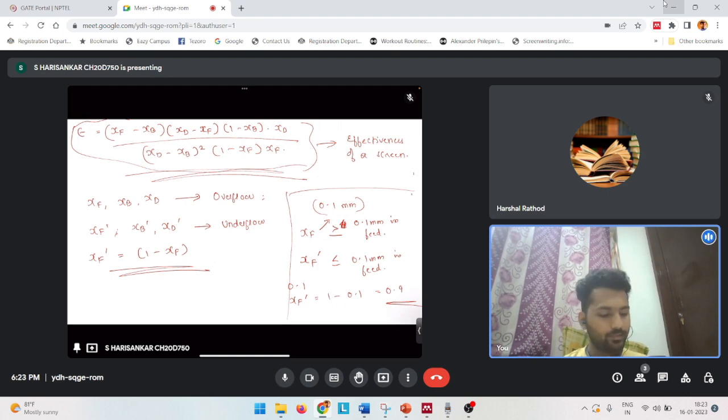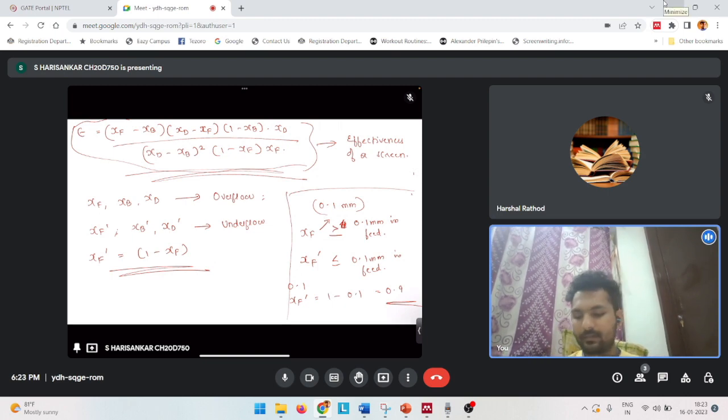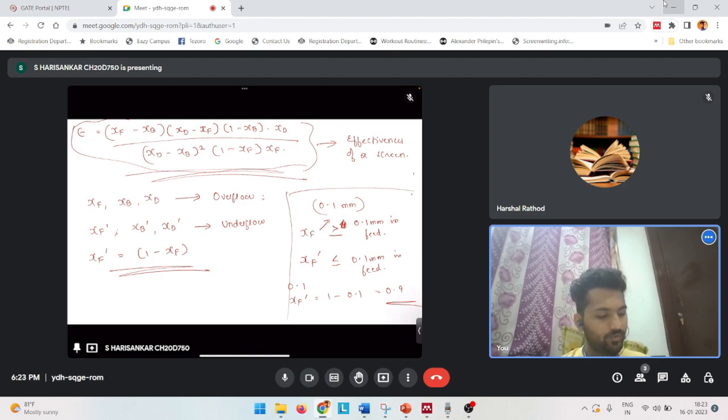But you can define this based on xF dash as well, and you can have the same equation for effectiveness. Just replace xF with xF dash, xB with xB dash, and xD with xD dash.